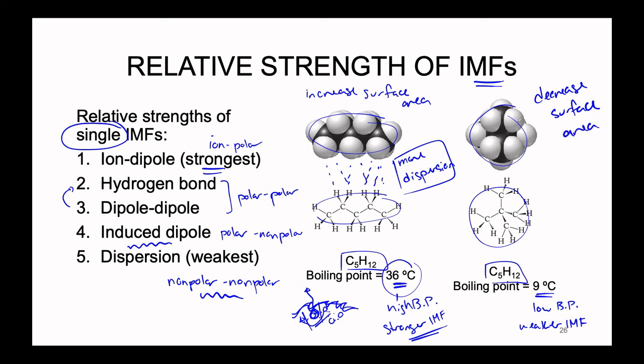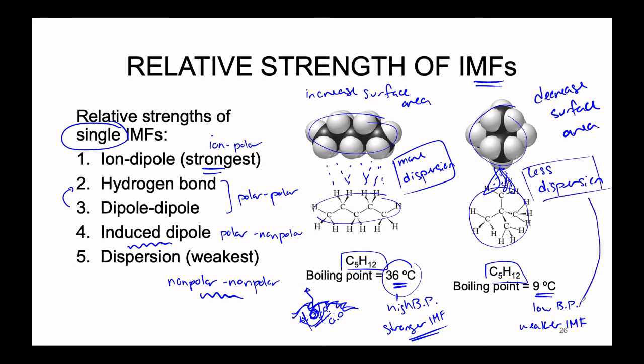And this decrease in the surface area, since spheres are technically the geometry that has literally the lowest surface area we can get in three-dimensional space, we have decreased the points of contact that are possible between these two molecules. There is less dispersion as a result, right? There are fewer points in contact where the electrons can just kind of swap places like this. With fewer points of contact, we have less dispersion.